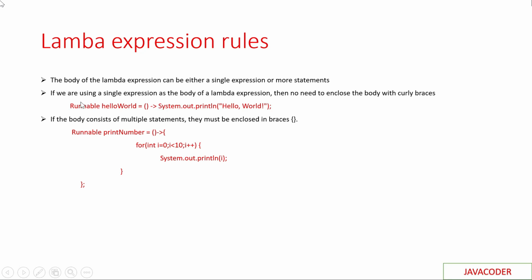So in this example, where we are printing hello world, we are using System.out.println, which is a single statement. So for this there is no need to put the statement inside curly braces. But in the following example, to print numbers from 1 to 10, we are using multiple statements with a for loop. So in this case we are going to enclose the statements inside curly braces.